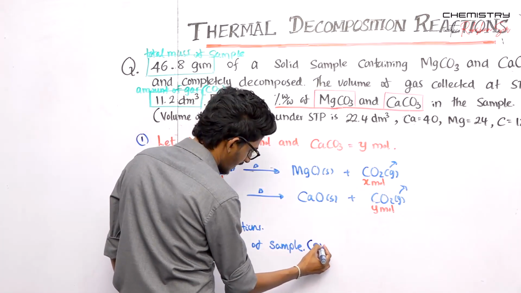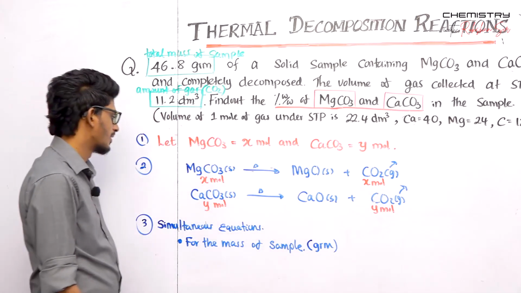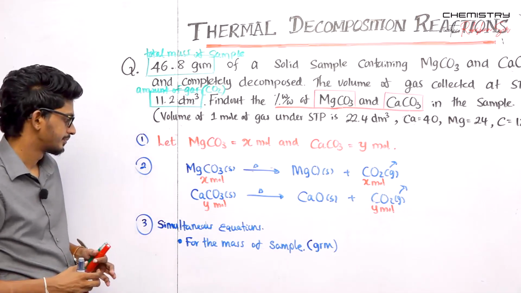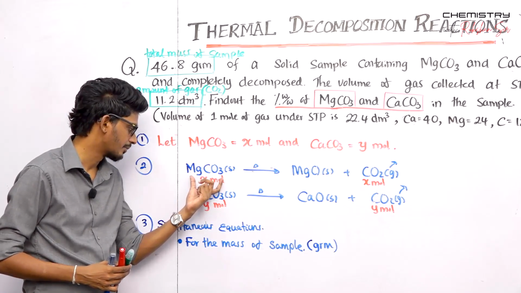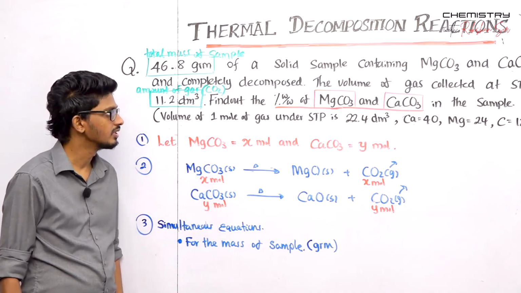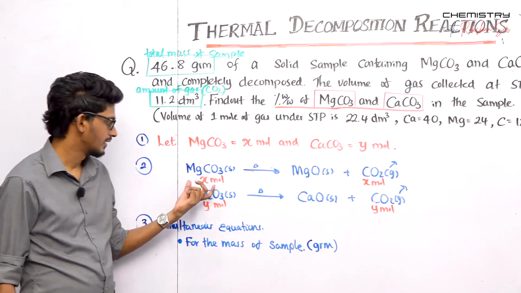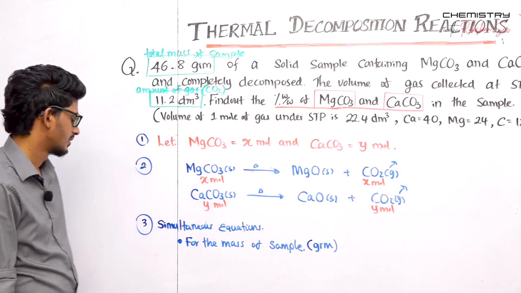The mass of the sample is a combination of the mass of magnesium carbonate and the mass of calcium carbonate. Only those two appear in the sample.